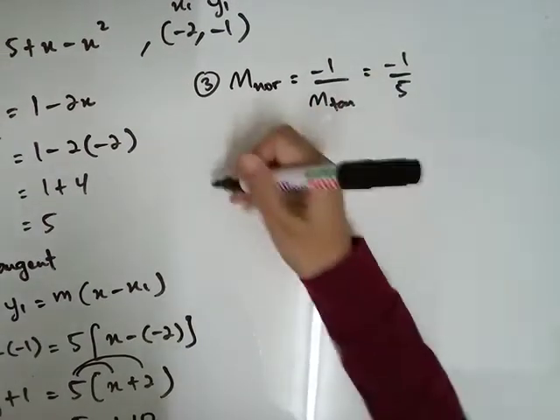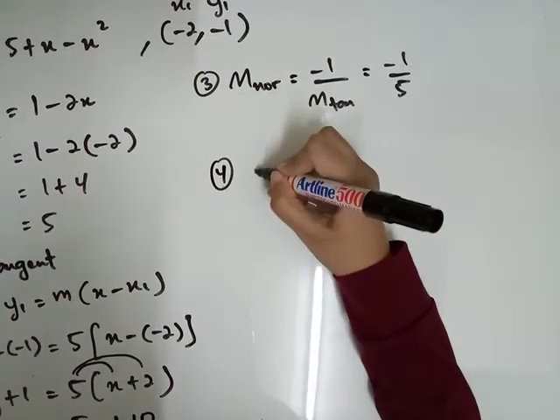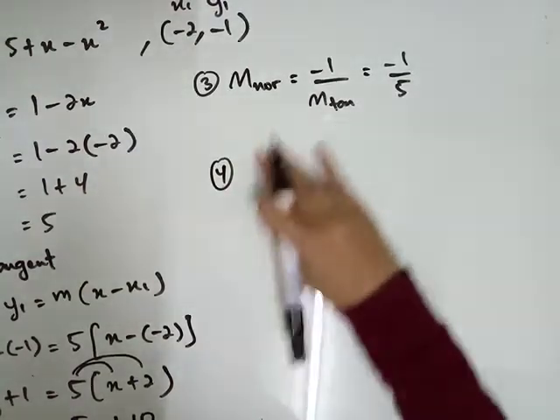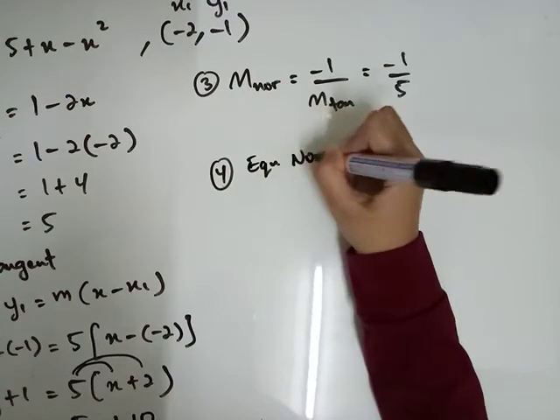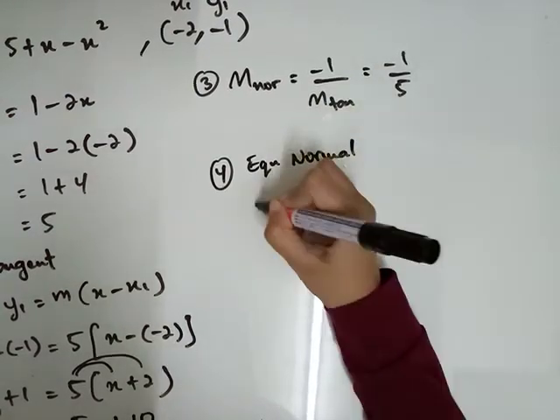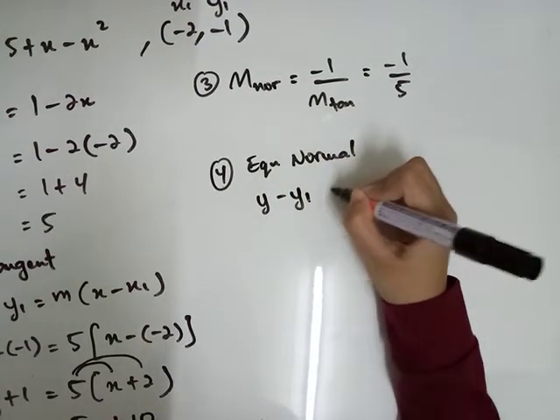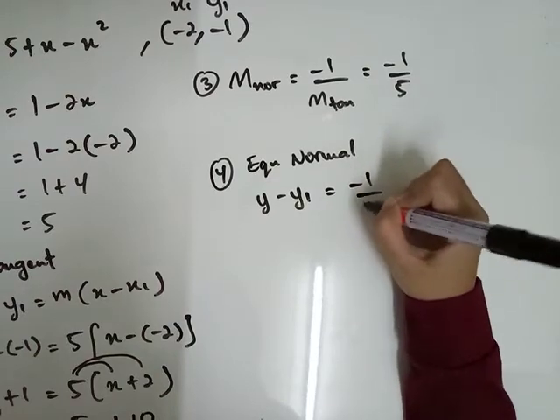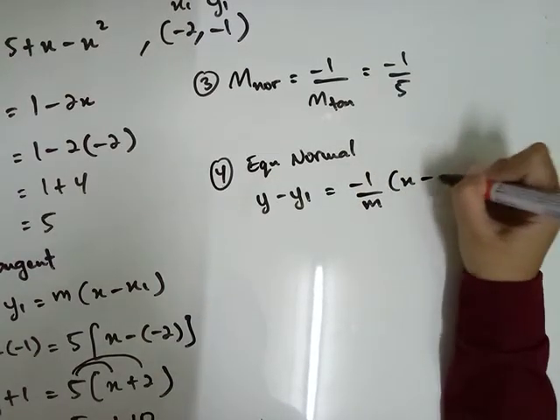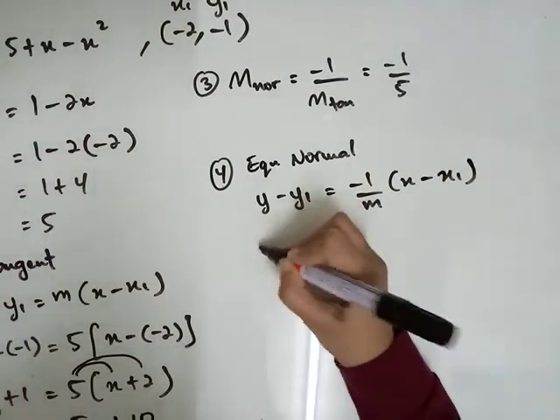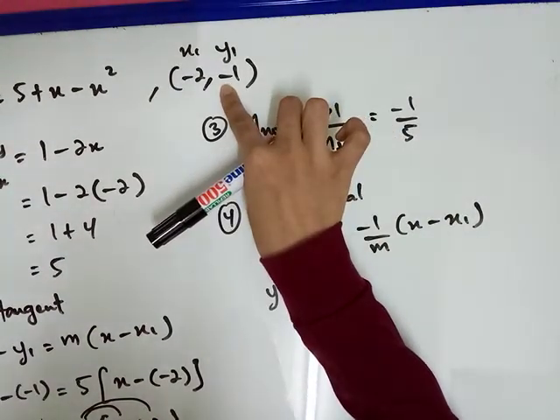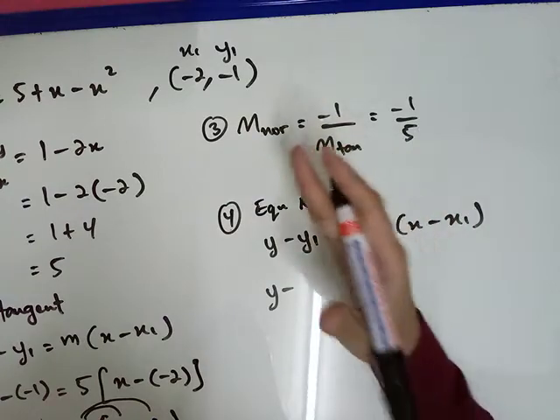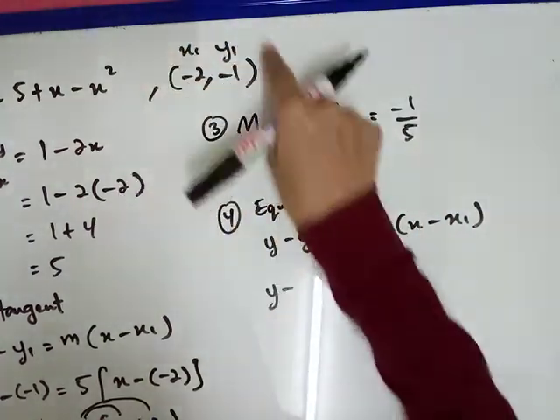Step 4: we need to find the equation of the normal. So y minus y1 equals negative 1 over m times x minus x1. y minus y1 is this one, the same point, because the normal is perpendicular to the tangent line through the same point.